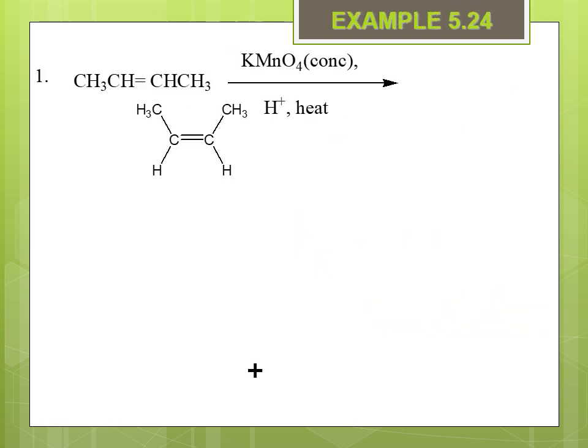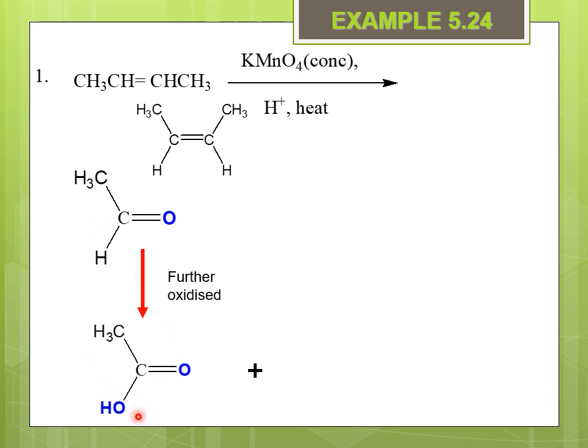Let's look at example 5.24. The reactant is butene, and we can see here that the double bond is between carbon number 2 and carbon number 3, as we have drawn it using this style. So we know that the left hand side is going to give an aldehyde which is going to become oxidized further to become ethanoic acid.